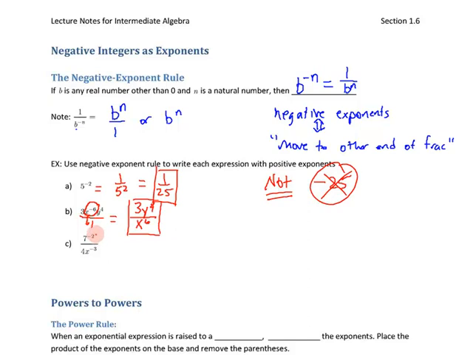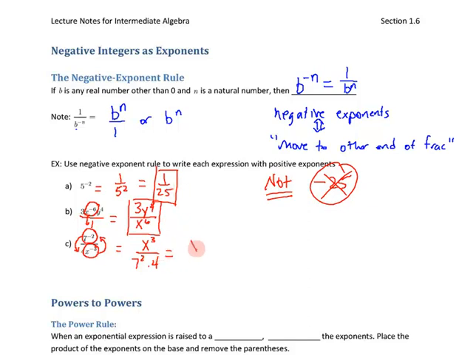Similarly, on this one, I can take the 7 to the minus 2 and move it down. I'm going to take x to the minus 3 and move it up. What I end up with is x to the positive 3 on top, divided by a 7 squared and a 4. Now anytime you have numbers raised to powers, you can go ahead and simplify those.